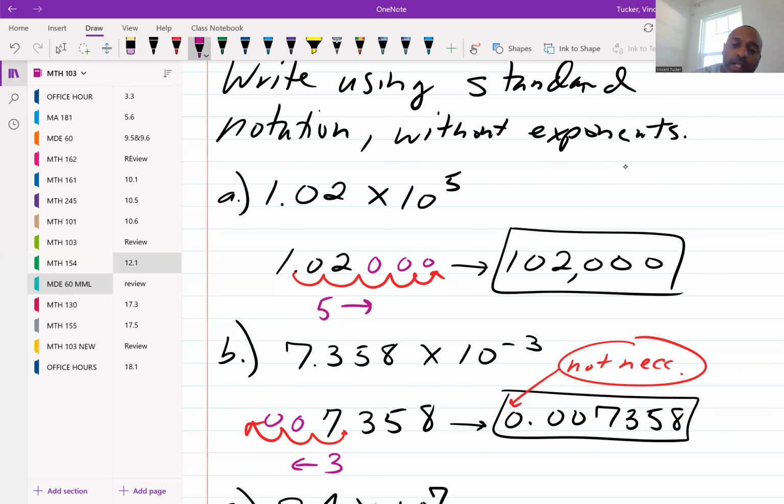And that's 0.007358. And so a lot of times people ask me about the zeros sitting to the left of the decimal. You don't necessarily have to do that. I'm used to doing that, doing 0.007.